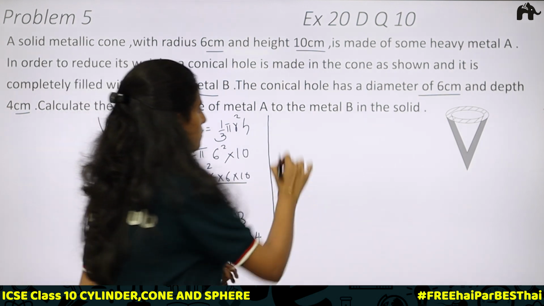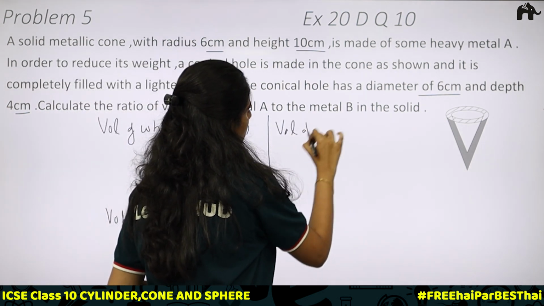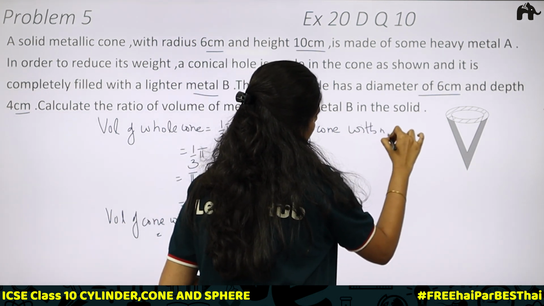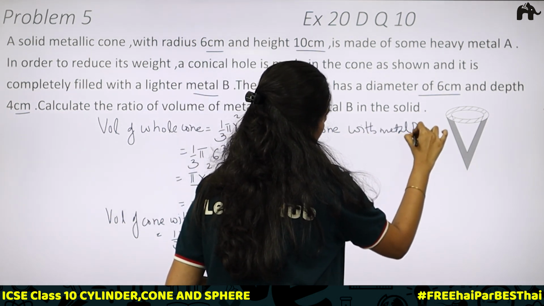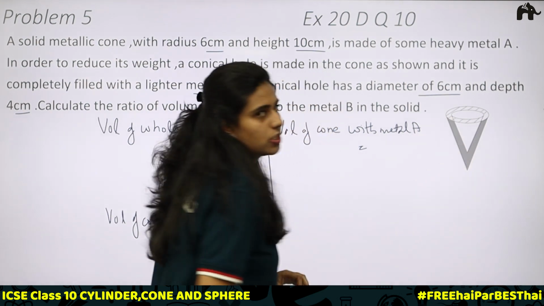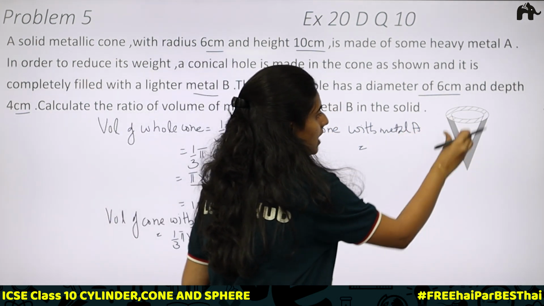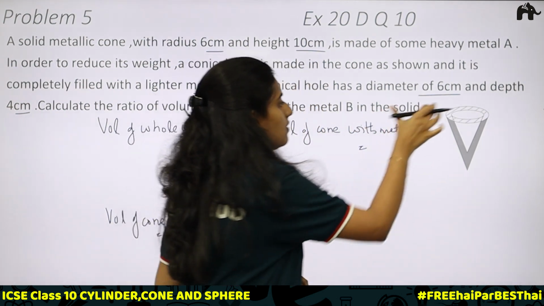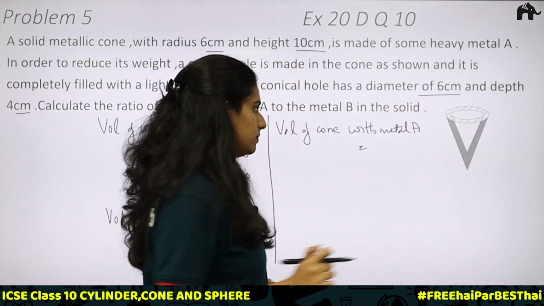Now, we need to find the volume of cone with metal A. That is the shaded portion. How to get it? We need to subtract the volume of the cone with metal B from the volume of the entire cone. Okay.